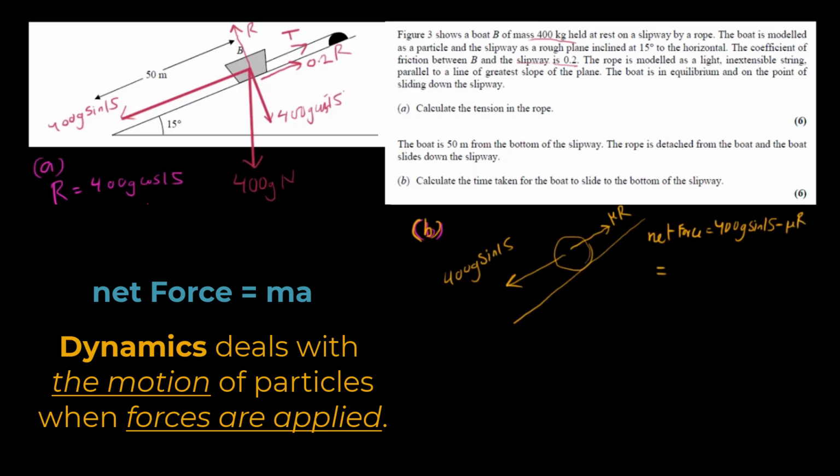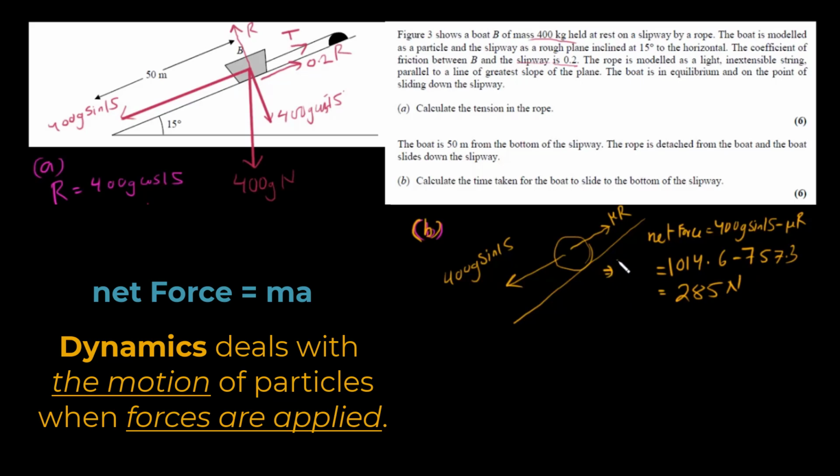400g sine 15 we already know, this is 1014.6, minus mu R. Mu is 0.2, so the net force is basically the same as we just found. The net force is 258 Newtons, and we know net force equals mass into acceleration.